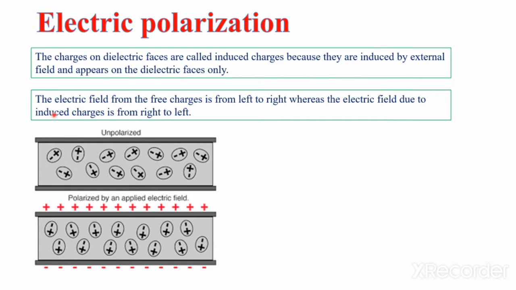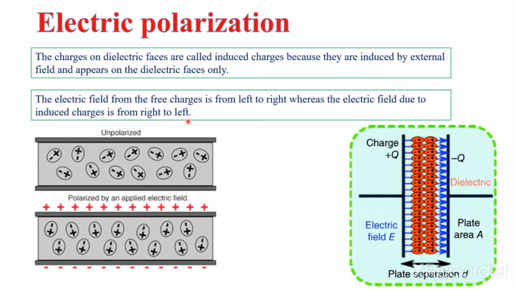The electric field from the free charges is from left to right, whereas the electric field due to induced charges is from right to left. This is because we know that the direction of the electric field is always from positive charges towards negative charges. So the electric field due to induced charges is from right to left because positive charges are on the right side and negative charges are on the left side.